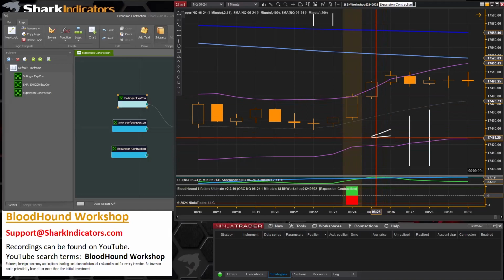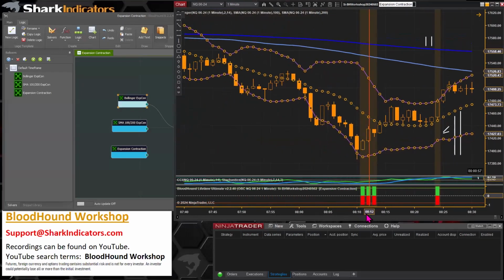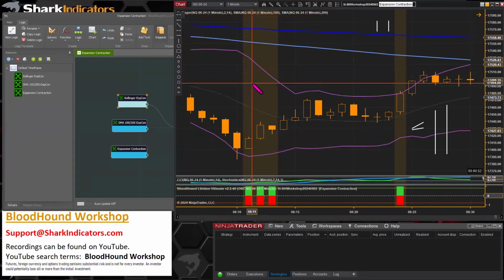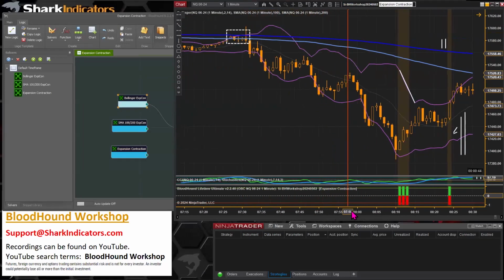If we take the slope, and I don't use the word angle because there really is no angle in charting. Here's the reason why I never use the word angle: that looks like a 45, right? What if I do this?